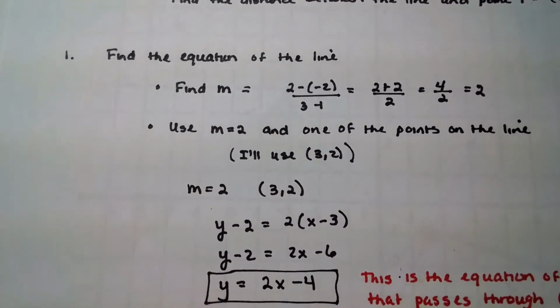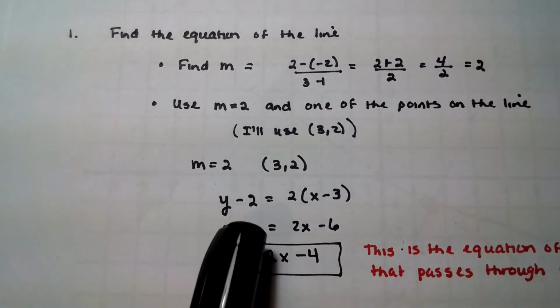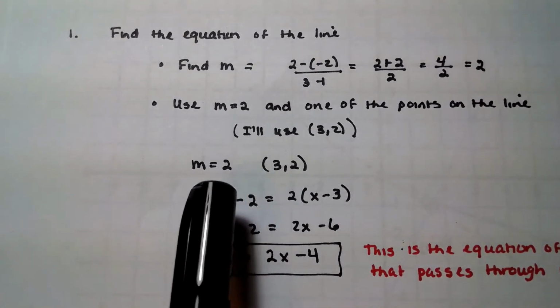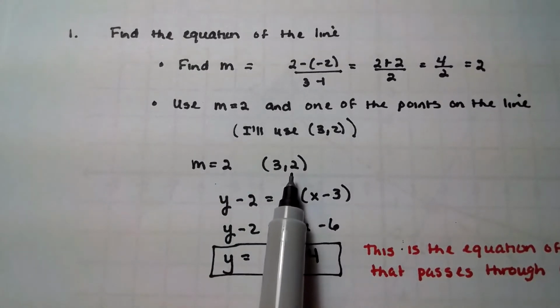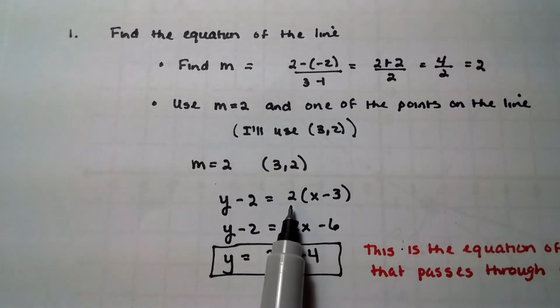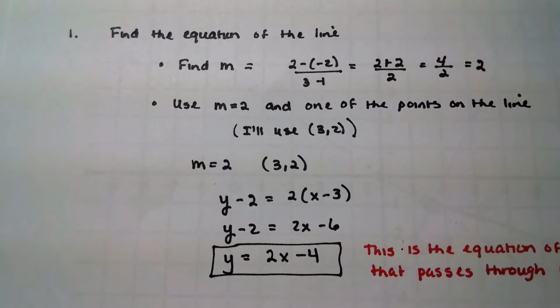And then I can take this slope and either one of those 2 points and substitute it into the point-slope formula. I chose the point (3, 2), so it's going to be y minus y naught, where y naught is the y coordinate of the point, equal to our slope times x minus x naught, which is the x coordinate of the point.